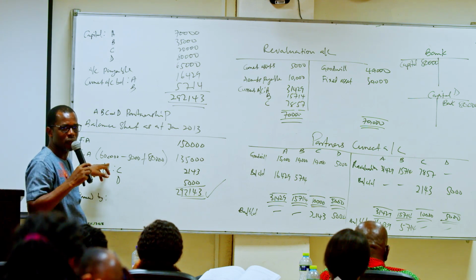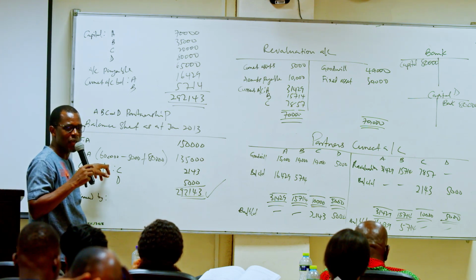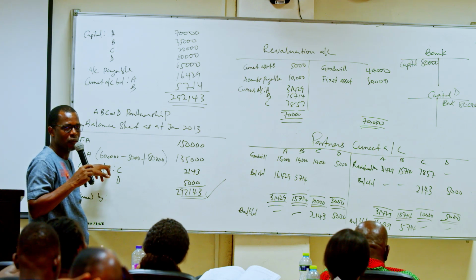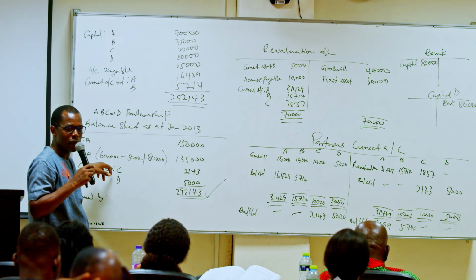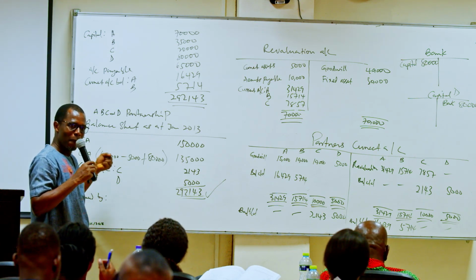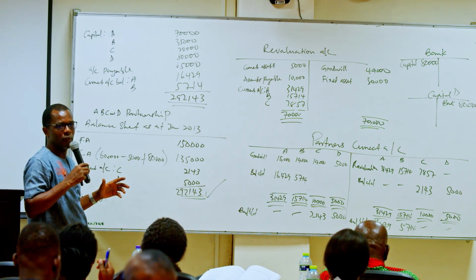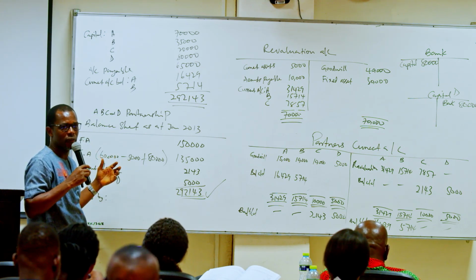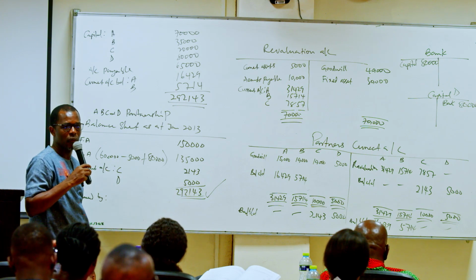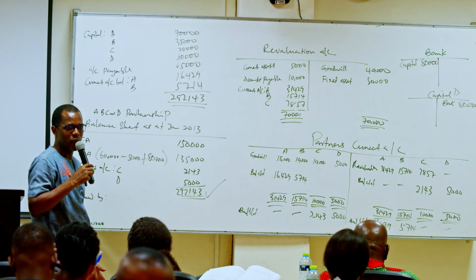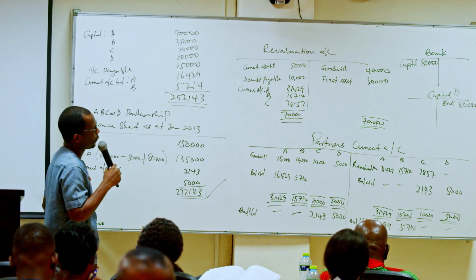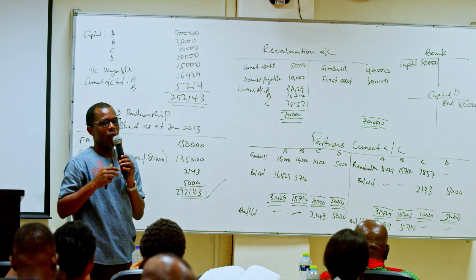Are you with me? This was before D was admitted. So upon the admittance of D, our money must go up, must increase. So our current assets have increased. Are you with me? Any other question?